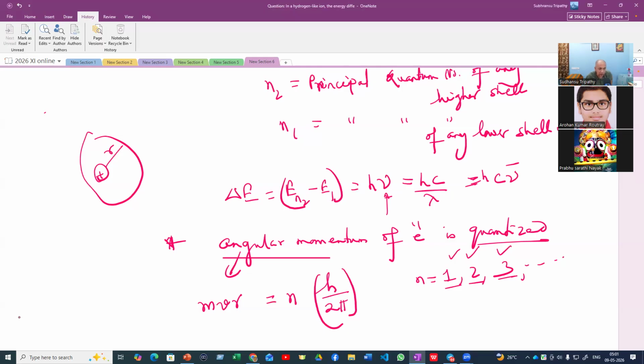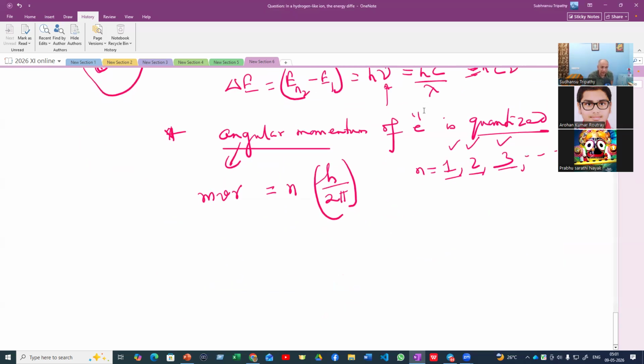Third orbit, 3h by 2π. In this way, the angular momentum of the electron is quantized. And interestingly, h by 2π has a very short notation, h cross. In many places, you will find h by 2π is not written, simply h with a bar. This is called h cross, that means h by 2π, Planck's constant by 2π.